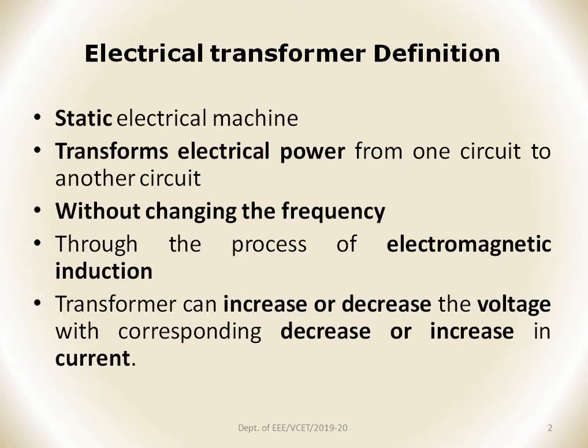During this transformation process you can find either an increase or a decrease in the voltage, with a corresponding decrease or increase in the current. So to sum up this definition, a transformer is a static device which transfers electrical energy from one circuit to another circuit through a process of electromagnetic induction.